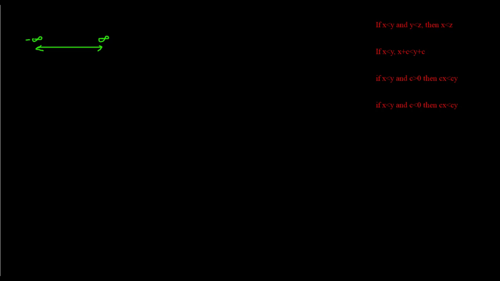Let's get to the second one. If x is smaller than y, then x plus c would be smaller than y plus c as well. I'm going to go ahead and put this in my line here. That should be good.